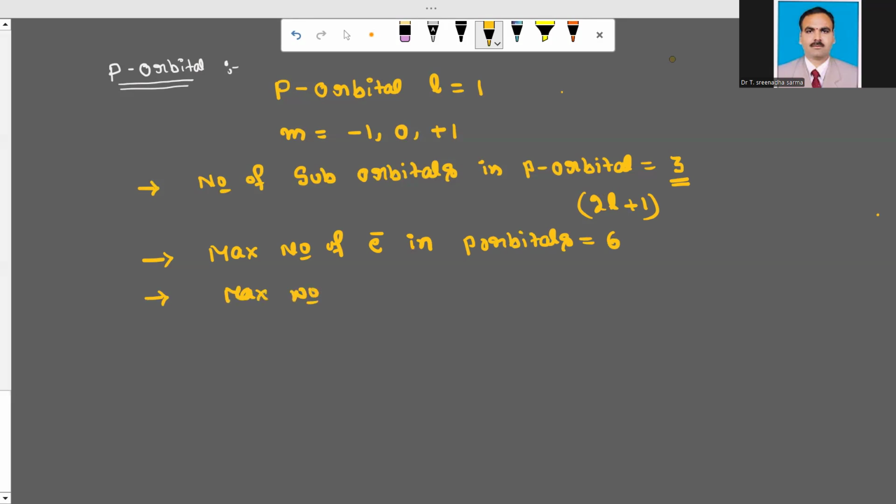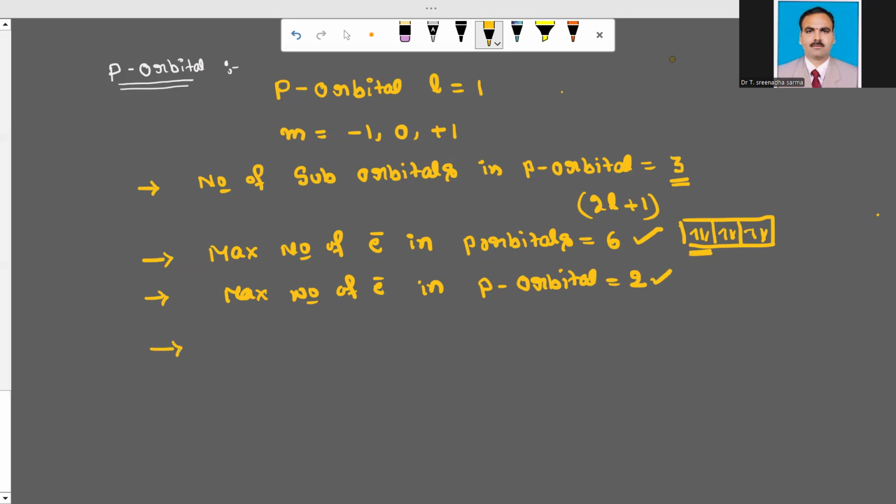Maximum number of electrons in one p orbital is 2. P orbital contains 3 suborbitals. Each orbital can accommodate only 2 electrons. The total p orbital contains 6 electrons.